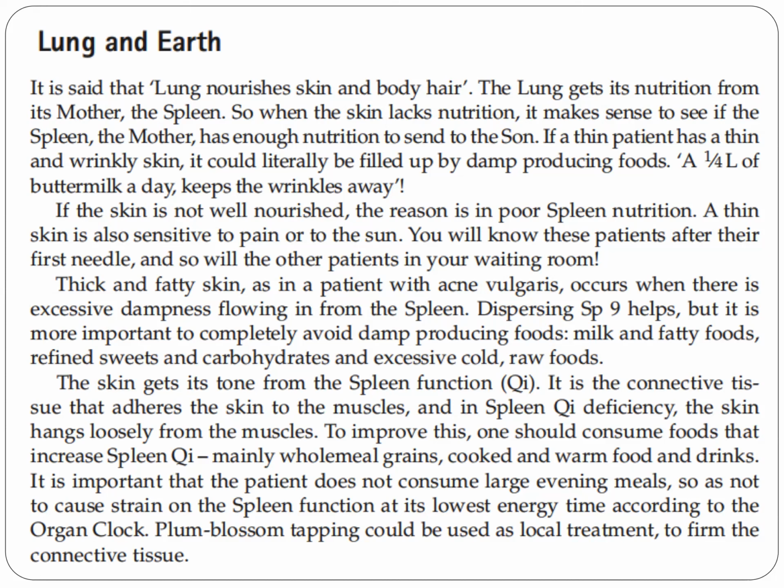It is important that the patient does not consume large evening meals so as not to cause strain on the spleen function at its lowest energy time according to the organ clock. Plum blossom tapping could be used as local treatment to firm the connective tissue.